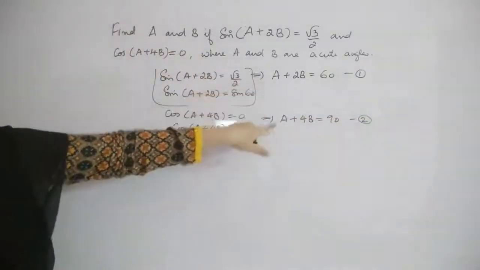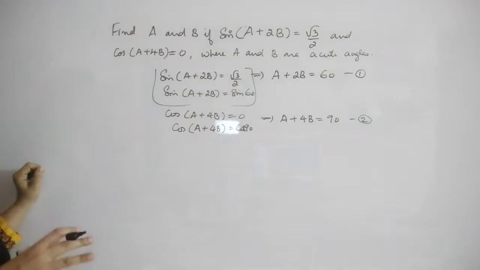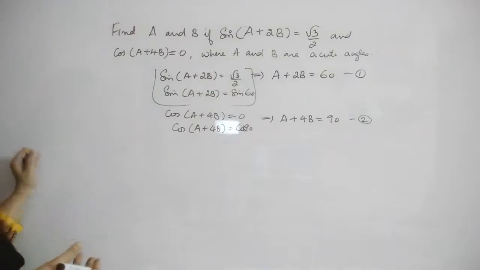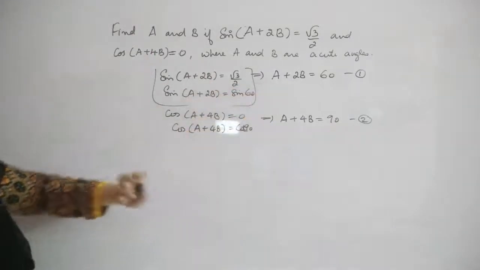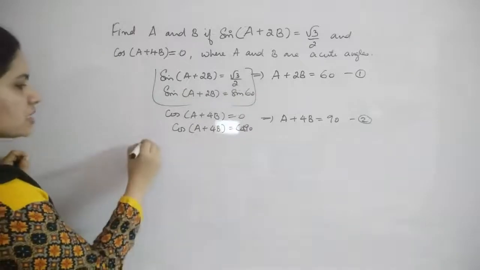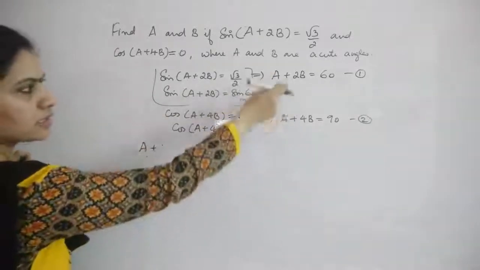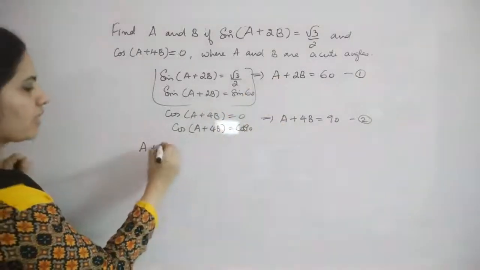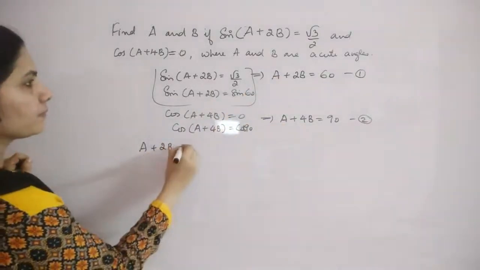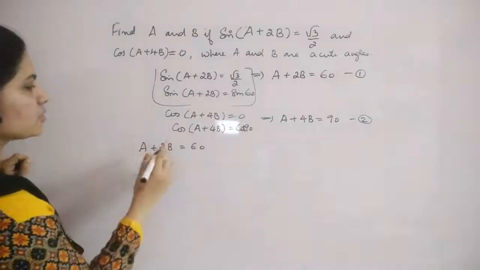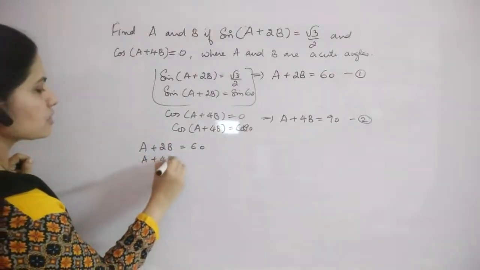Now you have to solve the two equations using any of the methods you know: elimination method, substitution method or cross multiplication method. Elimination is easier because the coefficient of A is the same, so you can just subtract them and get the value of the other one. This is A plus 2B is equal to 60, A plus 4B is equal to 90.